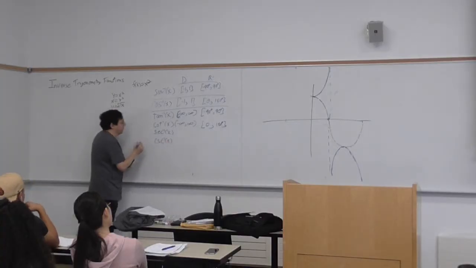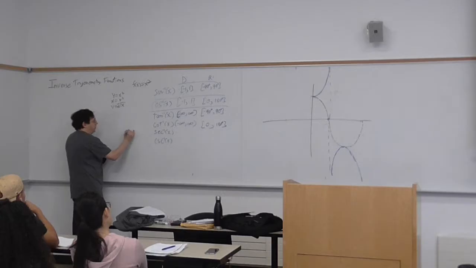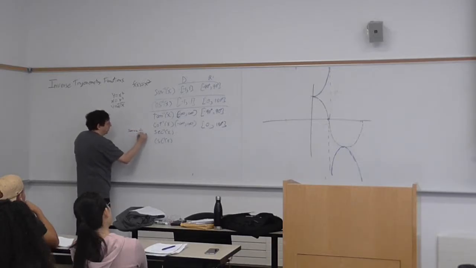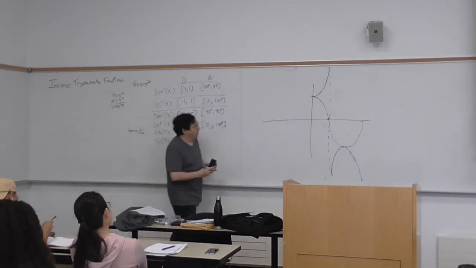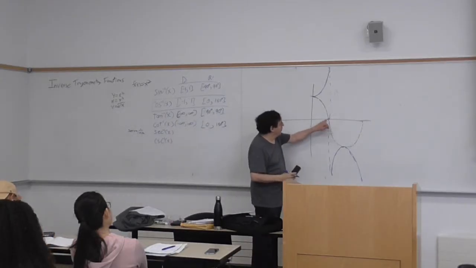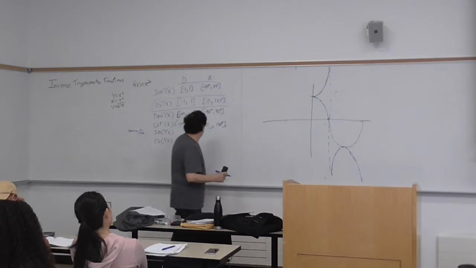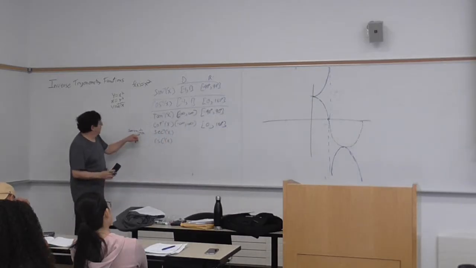I guess I even need to write this. Secant of x is 1 over the cosine of x. So where the cosine is, let's get that right. Secant of x is 1 over the cosine.